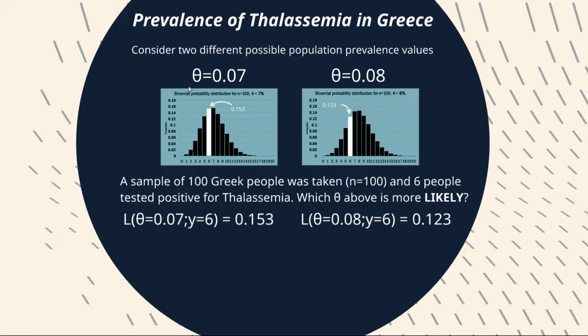Even though they were probabilities on our distributions above, we can now call them likelihoods. So just going over this notation, the likelihood of theta being 0.07 given y is 6, given we have an outcome of 6 out of 100, is equal to 0.153, and 0.123 for theta being 0.08.